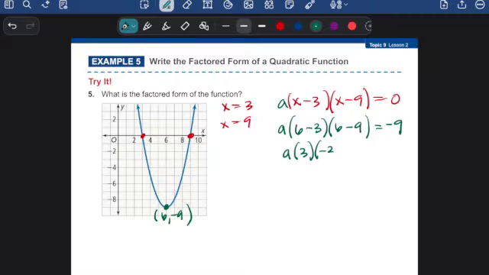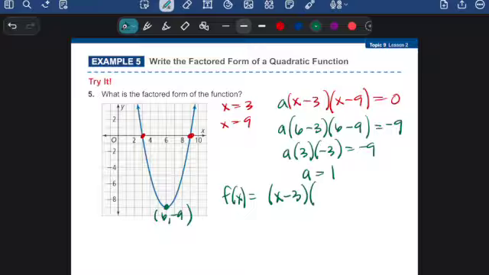A times 3 times -3 equals -9. Well, we're back at a equals 1. So we already have it. We don't have to write our factored form. We're just going to have f of x equals these two binomials, x minus 3 and x minus 9. Because when it is equal to 0, we will have our x-intercepts at 3 and positive 9.